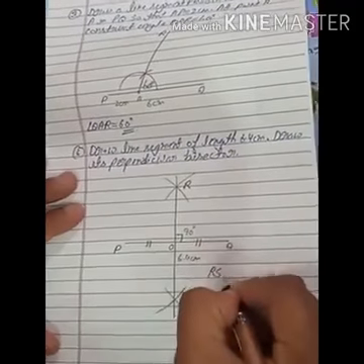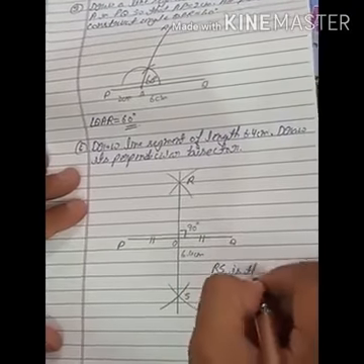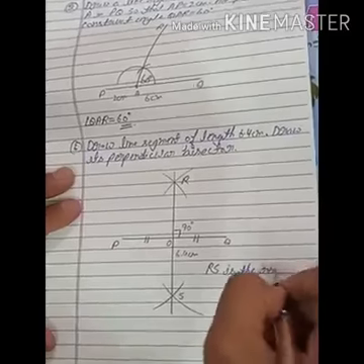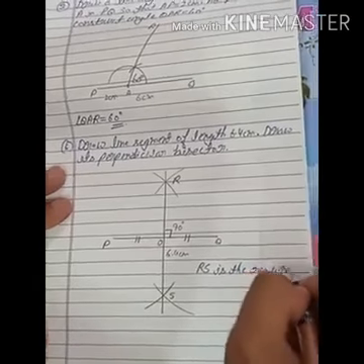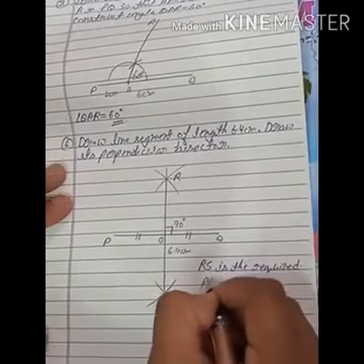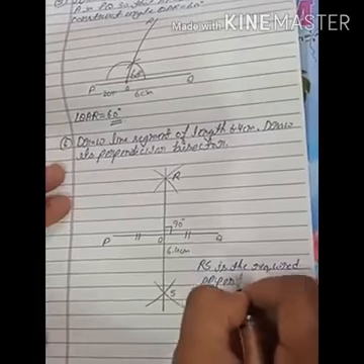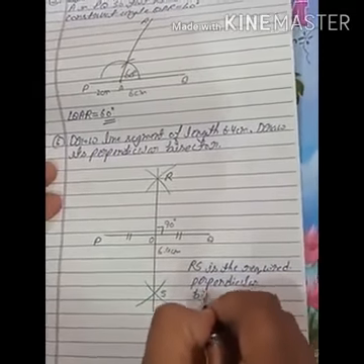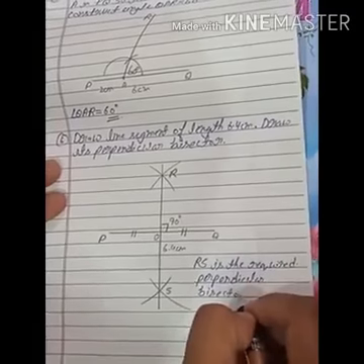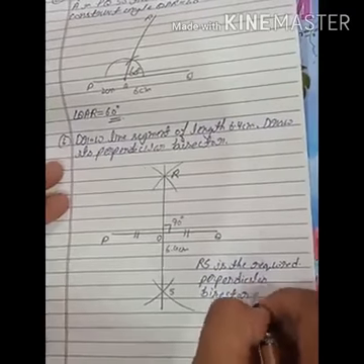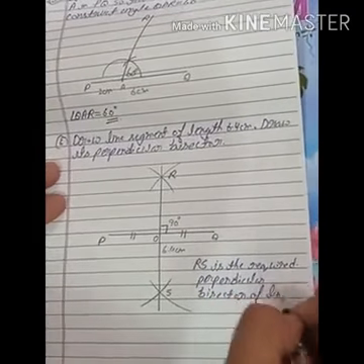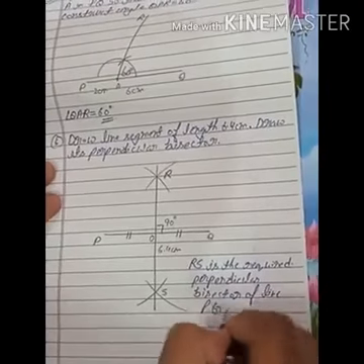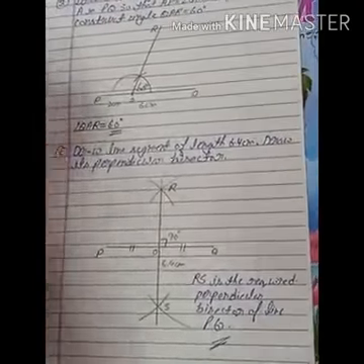RS is the required perpendicular bisector of line PQ.